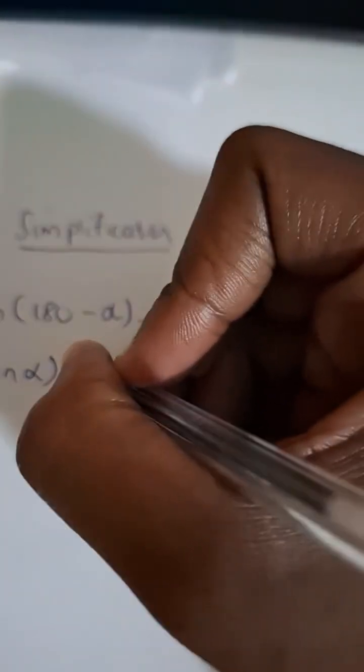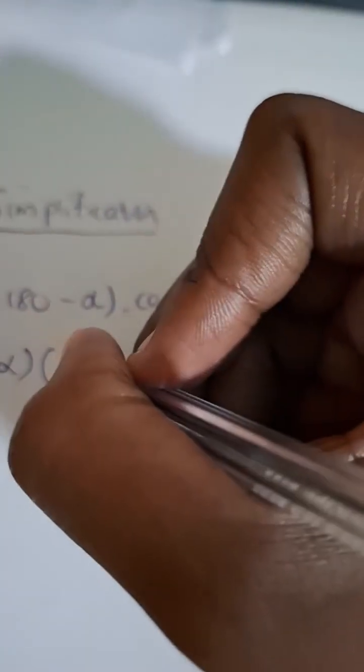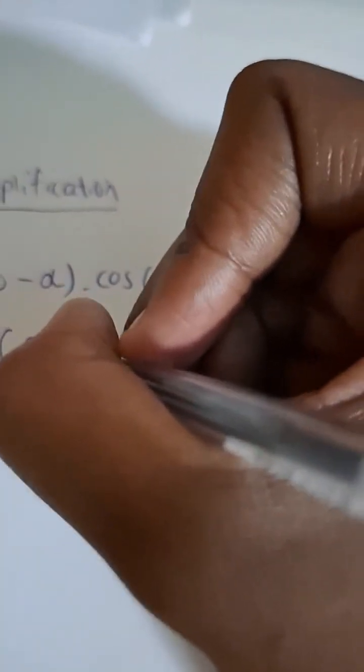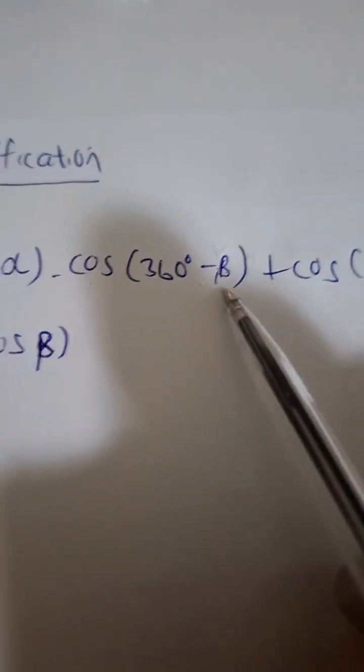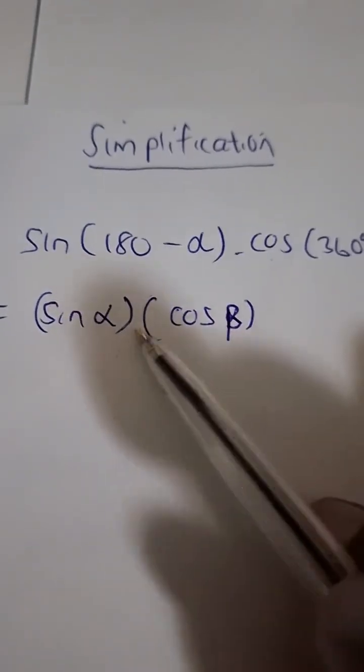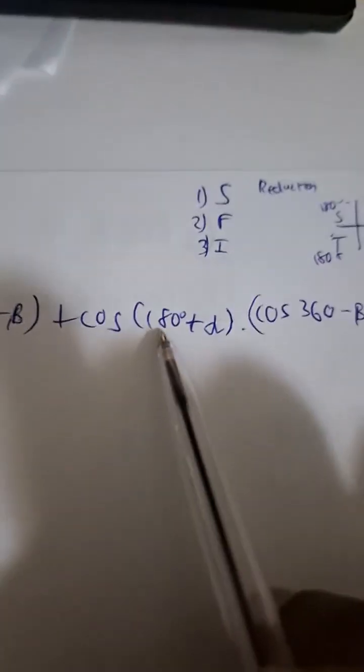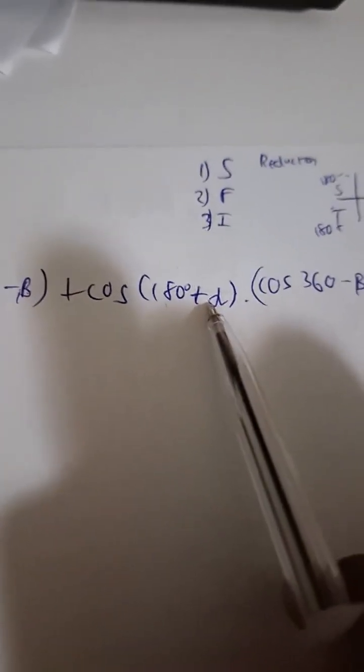Cos is also positive. So in brackets again, you write cos of, not alpha, the angle is beta. So cos of beta, and it's positive. Another bracket, which is sweet. Then you follow it up with the plus sign, and then we evaluate this trig ratio. 180 plus is in which quadrant?